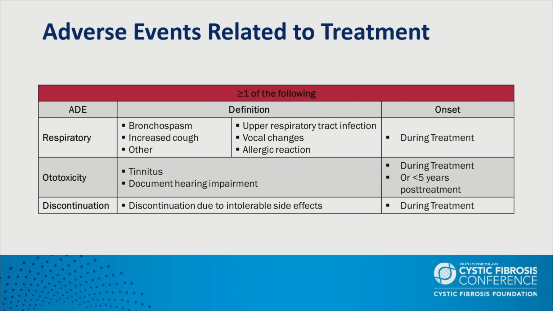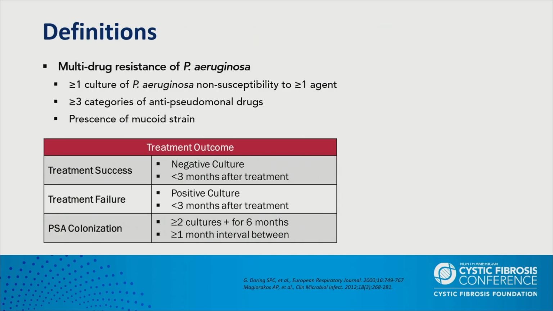We looked at discontinuation due to intolerable side effects during treatment. We also looked at the incidence of multi-drug resistant Pseudomonas, and you can see the definition there, as well as the presence of any mucoid strains.